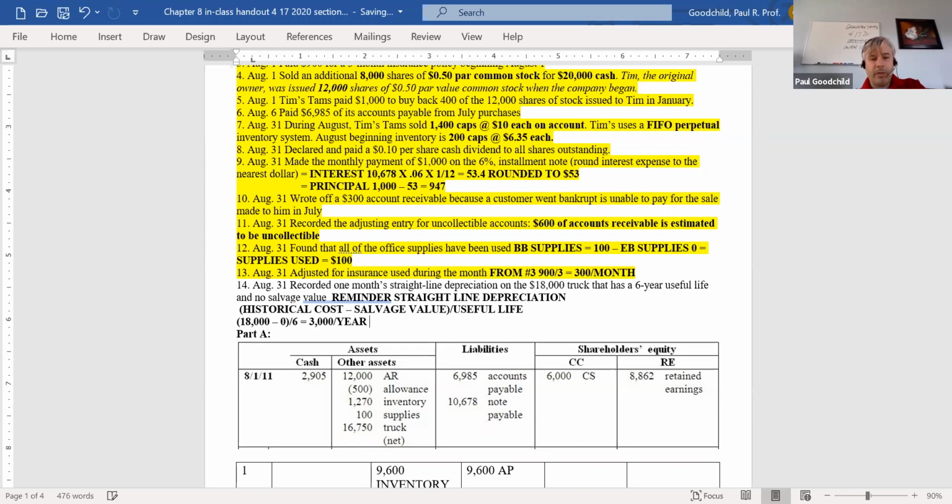But we only need 1 month of that, so we have to multiply it by 1 divided by 12. I think that's 500, but let's just check my math. $250. All right.